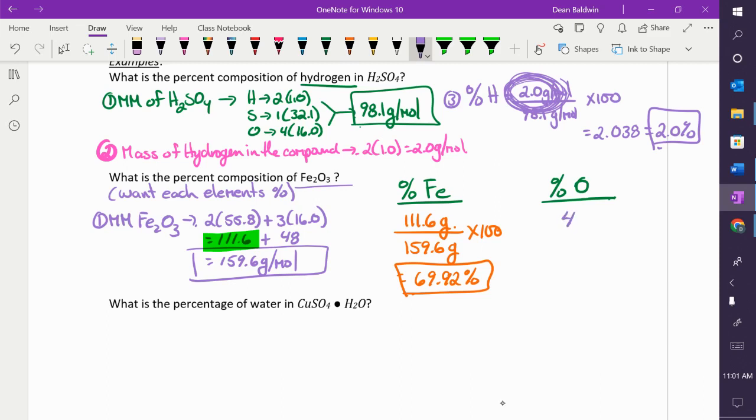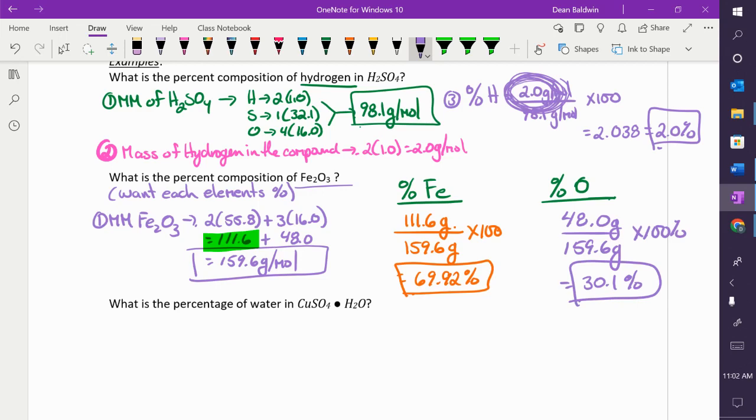And the other one is going to be 48.0 grams divided by 159.6 grams, which should give you 30.1. This one has 1 less sig fig, 3 sig figs total because of the 48.0.